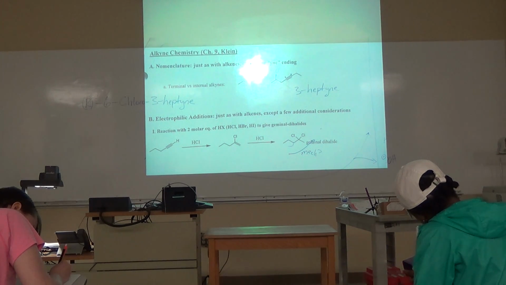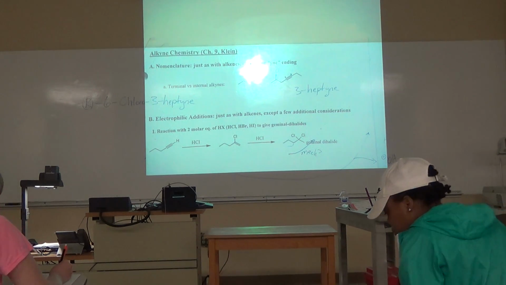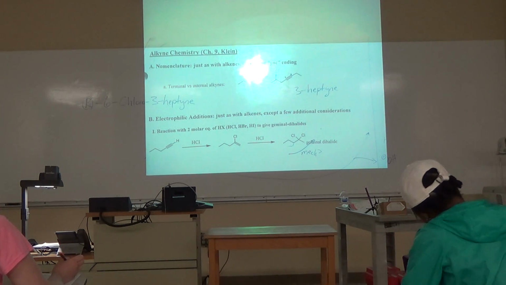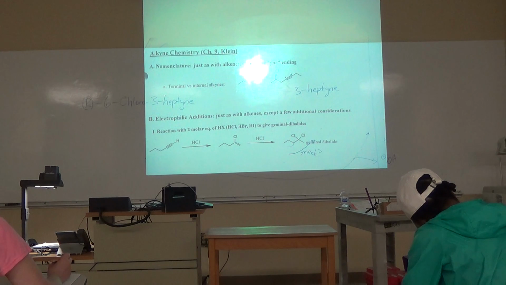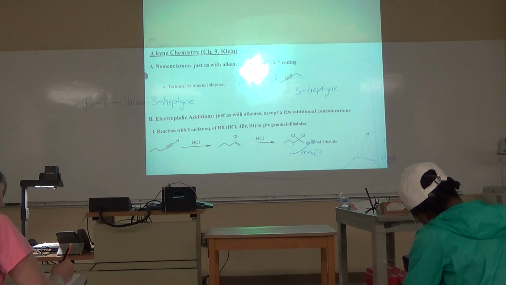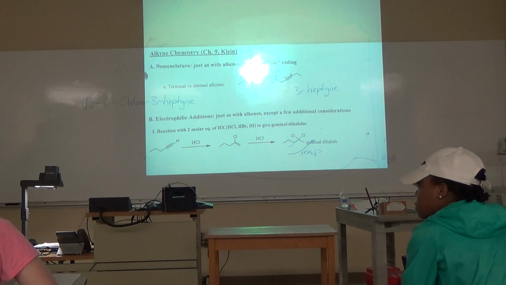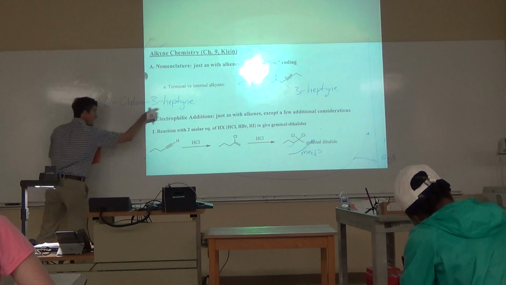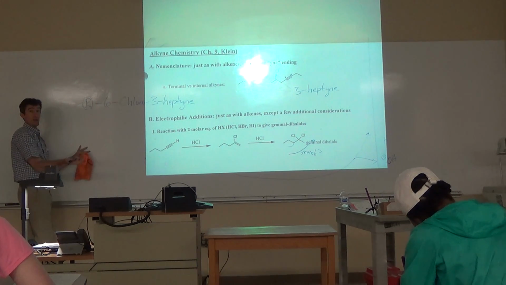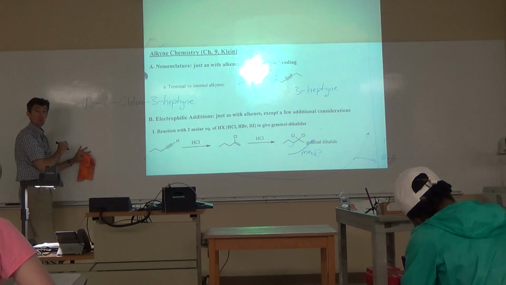It could be R or S. Which one is it? R. We could also have the S form, a different compound, but the S form would have the same exact name. Those stereoisomers have the same name; they just differ by a stereochemical descriptor.